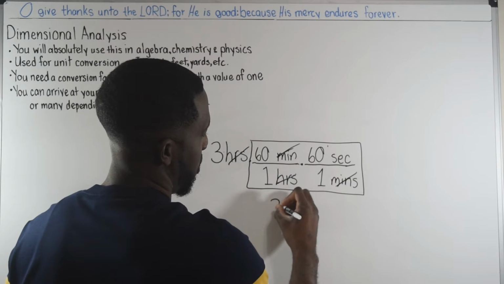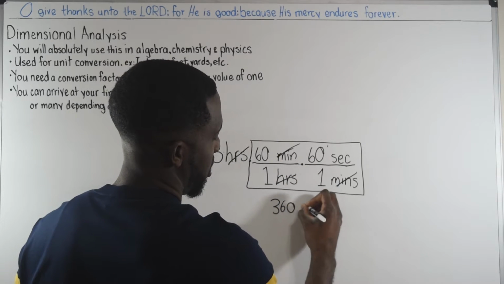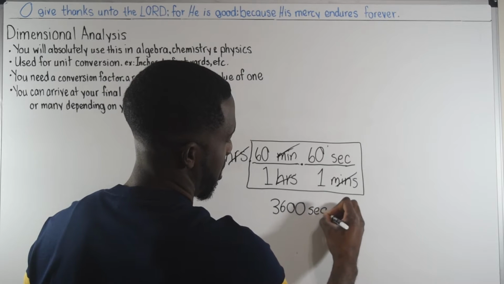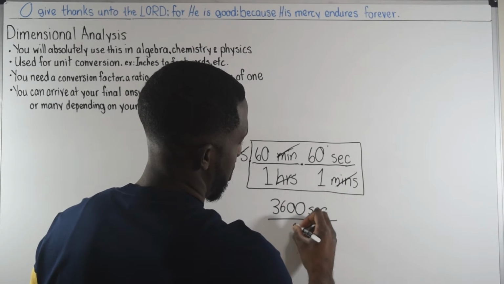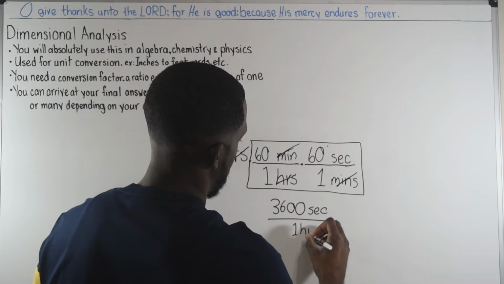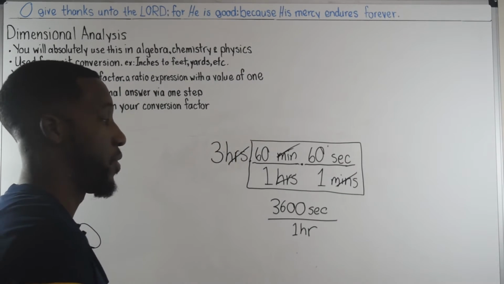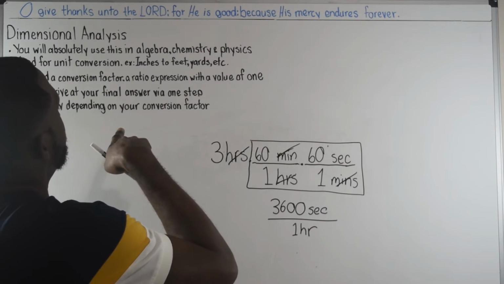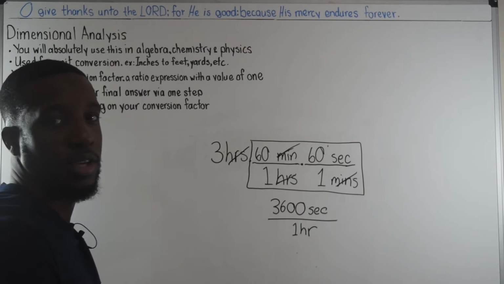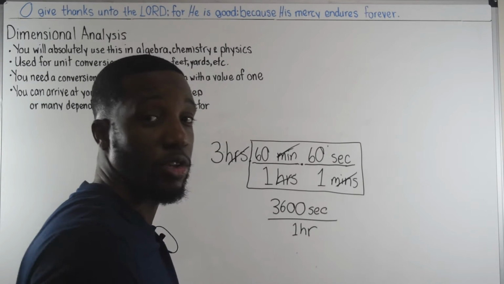So I have 3,600 seconds in 1 hour. Okay, this is what I mean by you can arrive at your final answer via one step or many, depending on your conversion factor.